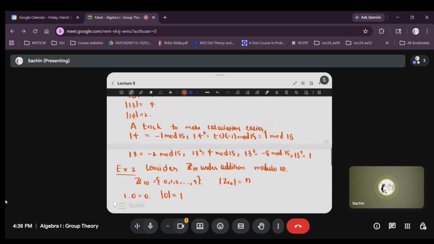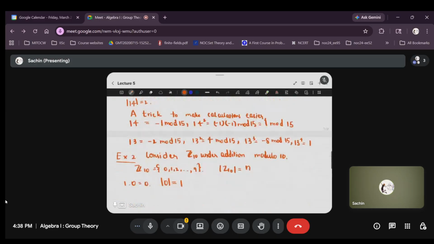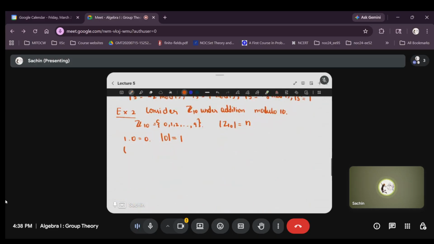Here it's addition, so if you add 1 10 times, you'll get 0.